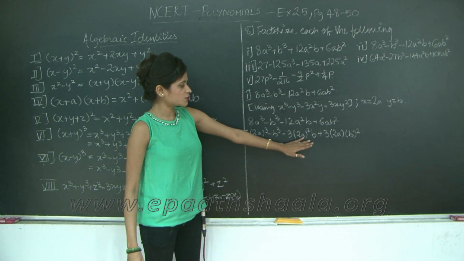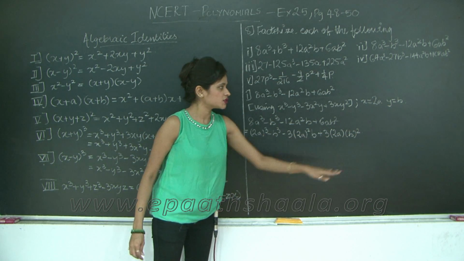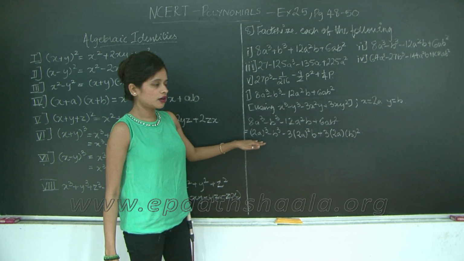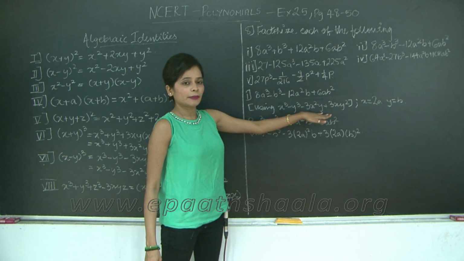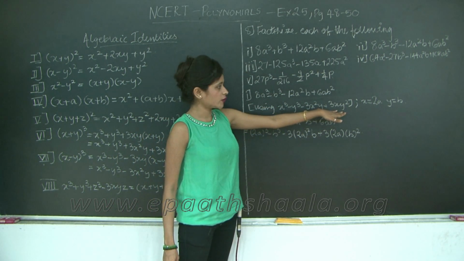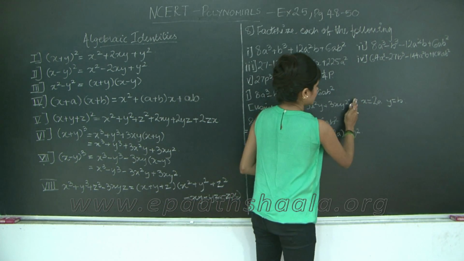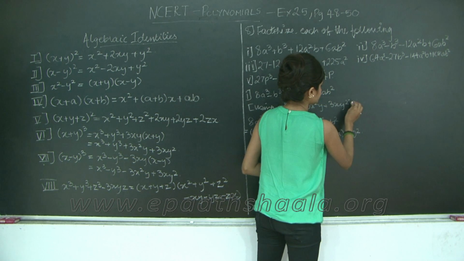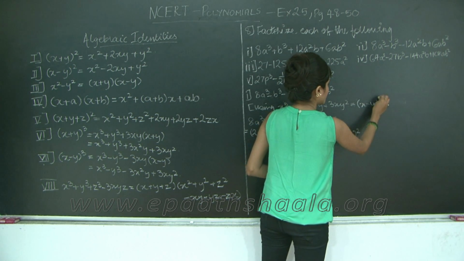So 3 4s are 12, 12a square b and 3 2s are 6, so 6ab square. Therefore, this is of the form of the identity number 7, which is x cube minus y cube minus 3x square y plus 3xy square, which is nothing but equal to, I'll just erase this side, x minus y the whole cube, right?